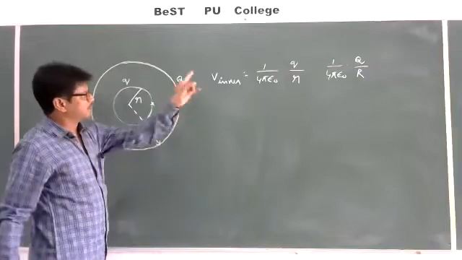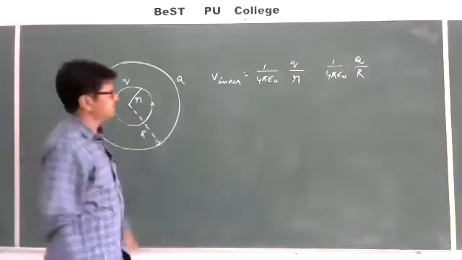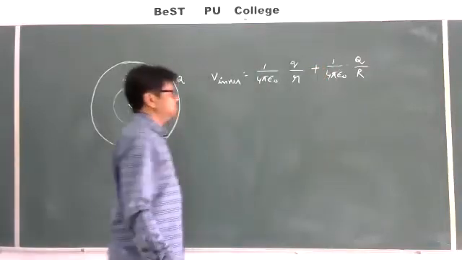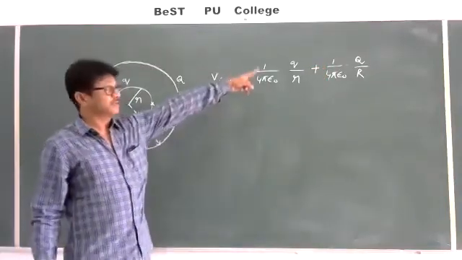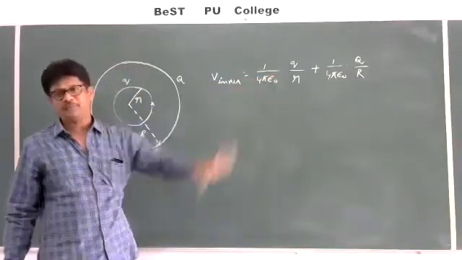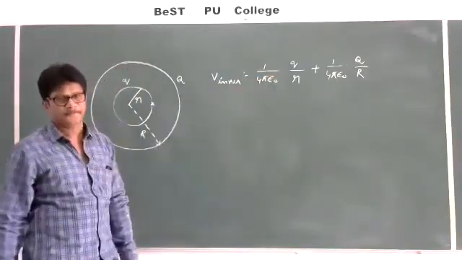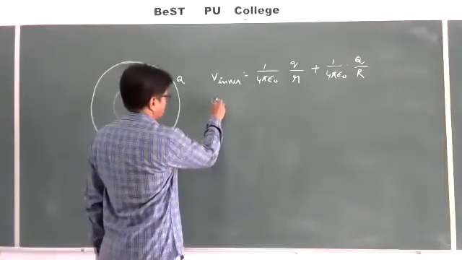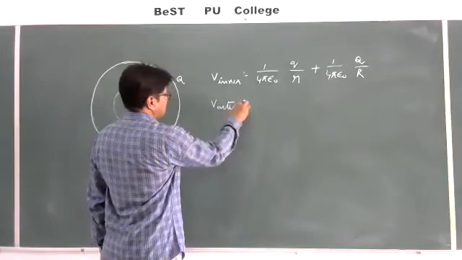As we know, the potential is a scalar quantity, then the total potential of the inner sphere is equal to 1 by 4 pi epsilon naught, q by small r plus capital Q by capital R.